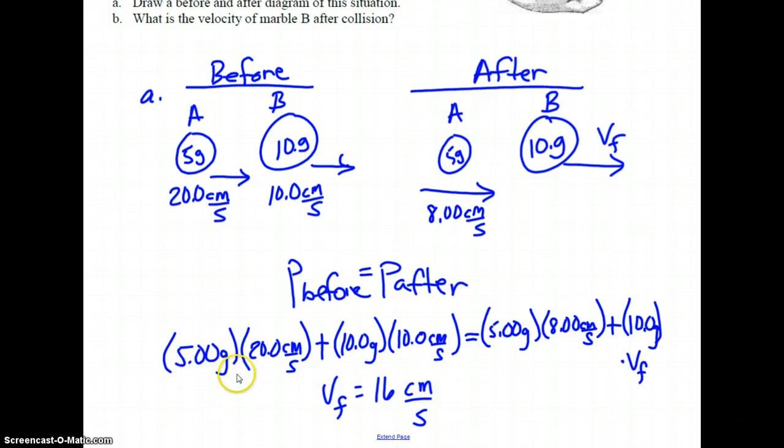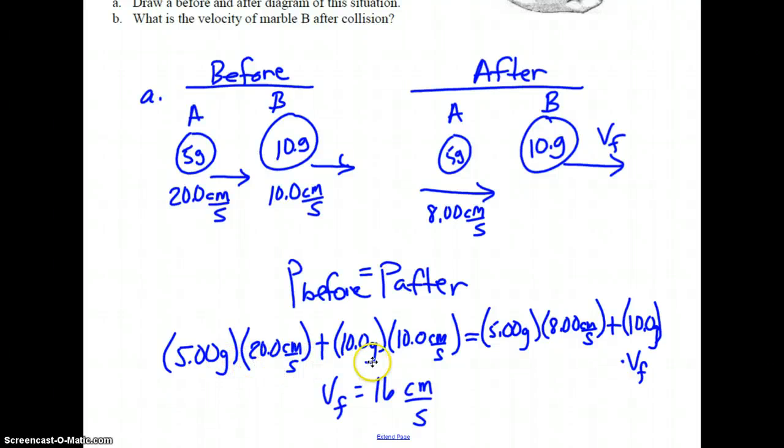So we have our 5 grams times our 20 centimeters per second, which is the momentum of marble A, plus 10 grams times 10 centimeters per second, the momentum of marble B beforehand, equals 5 grams times 8 centimeters per second for marble A, plus 10 grams times marble B's final velocity, which is what we're trying to find.